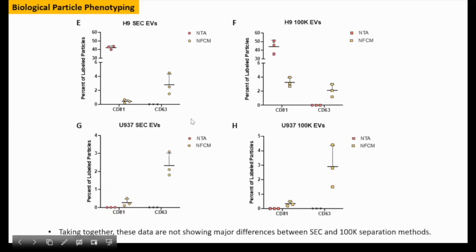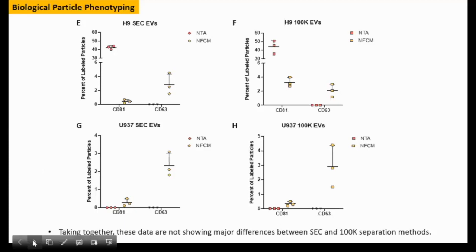So if we focus only on H9 SEC EVs, we can see that there is no significant difference between CD81 and CD63 signal with nano-FCM, and this is also true when we look at the F panel, comparing CD81 and CD63 measured with nano-FCM in H9 100K EVs. So taken together, these data are not showing a real major difference between SEC and 100K separation methods.